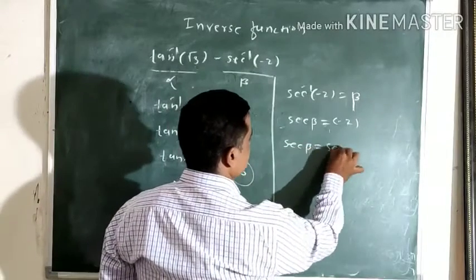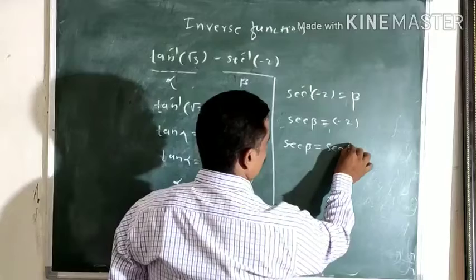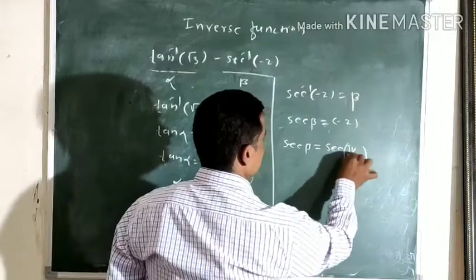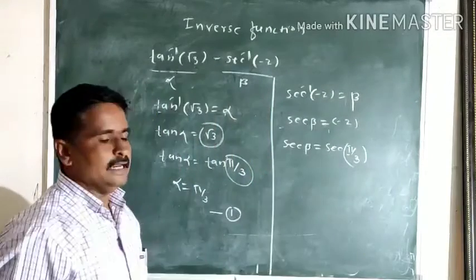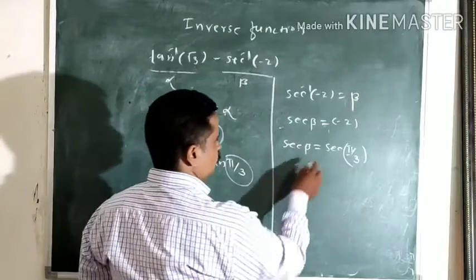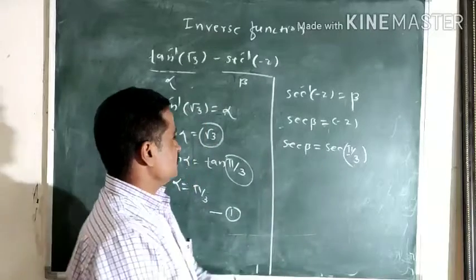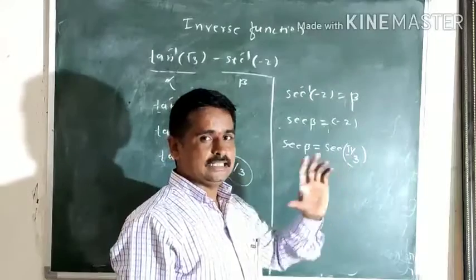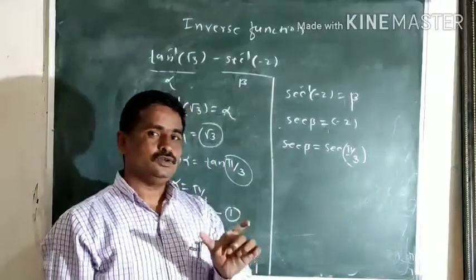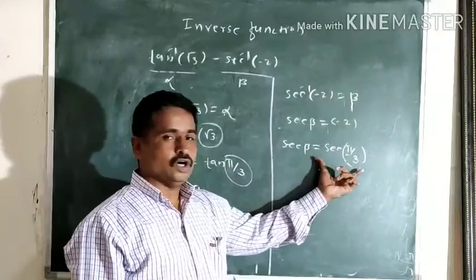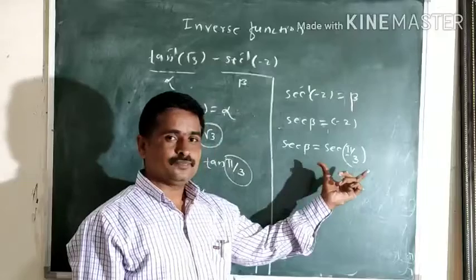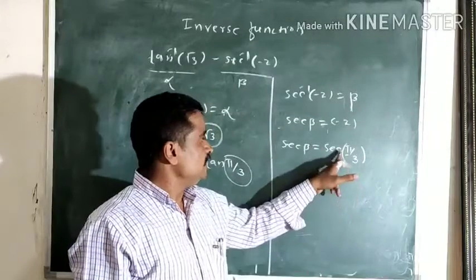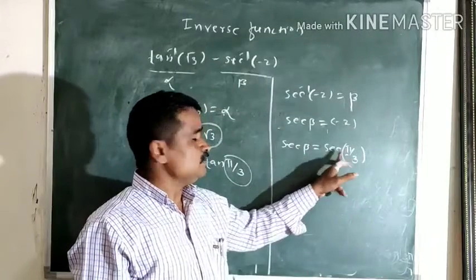In this case sec has a negative value, and we know that sec depends on cos theta, and the range of cos theta is 0 to pi. So here sec beta equals a negative value.